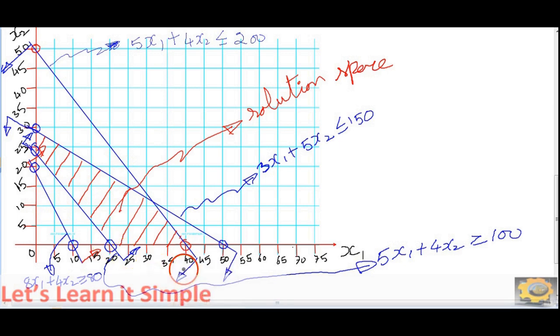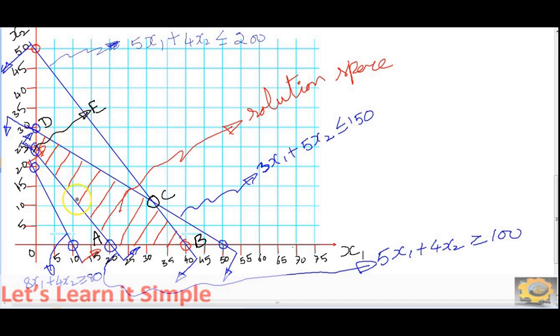Now, I need to locate the vertices for this. Let me call this A, this B, this C, D here, and E here.